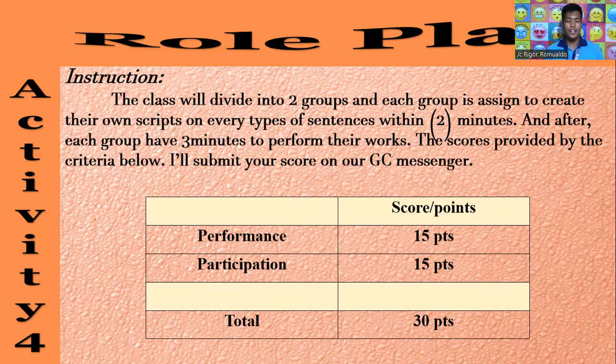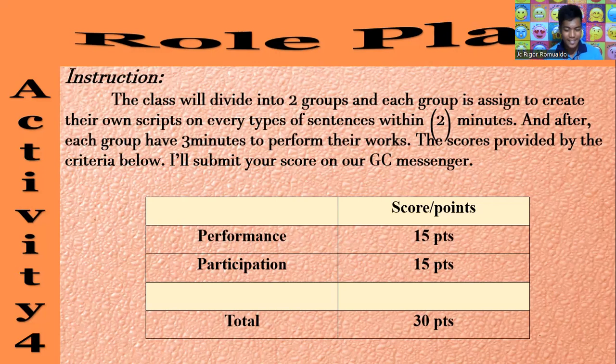By the way, the scores are provided by the criteria below, and I'll send your score on our GC Messenger after the performance. Are we clear? But before I give you 2 minutes of preparation, let me read the criteria for this activity. We only have 2 criteria: performance and participation.